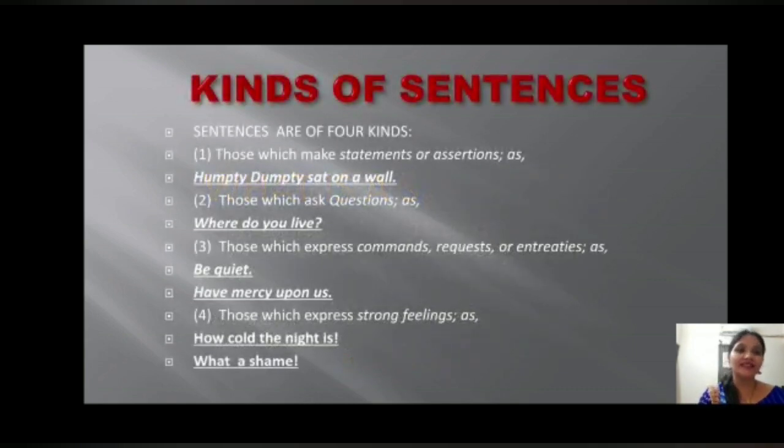Now we'll move to the next slide, that is kinds of sentences. Before coming to the kinds of sentences, I would like to tell you sentences have two major parts, that is subject and predicate.